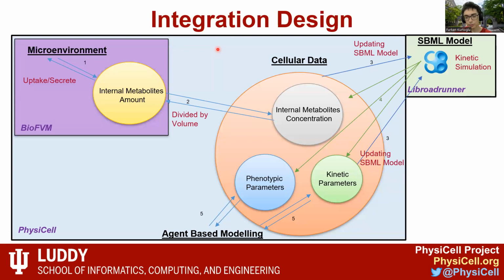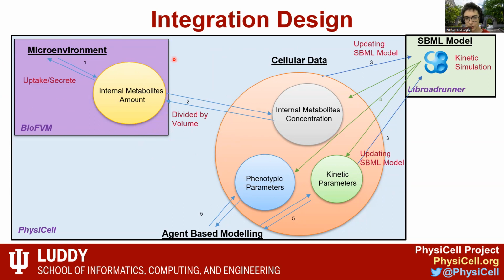SBML stores ordinary differential equations that describe the chemical reactions between the chemicals. In the previous session, we talked about the integration, and I will briefly touch on it again. BioFVM is doing the update and secretion, and PhysiCell stores the internal metabolites as an amount.